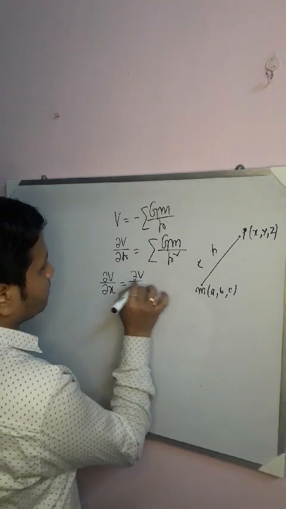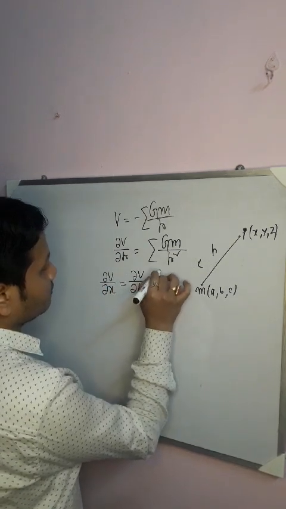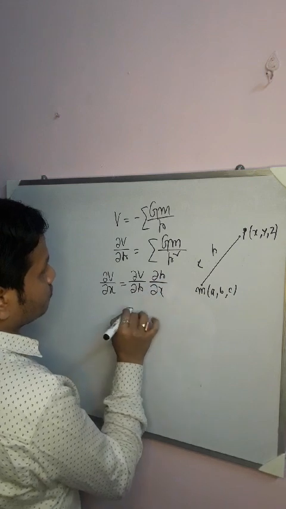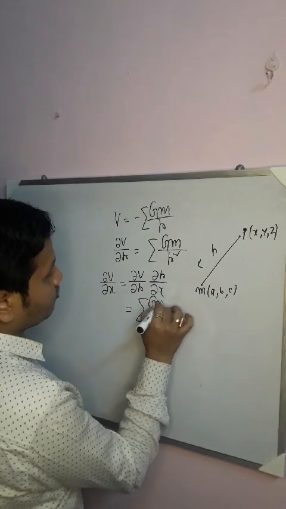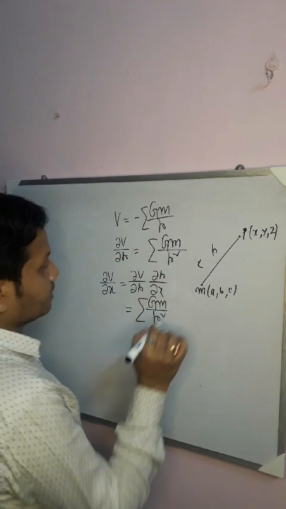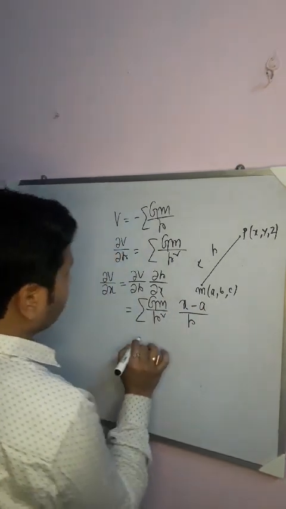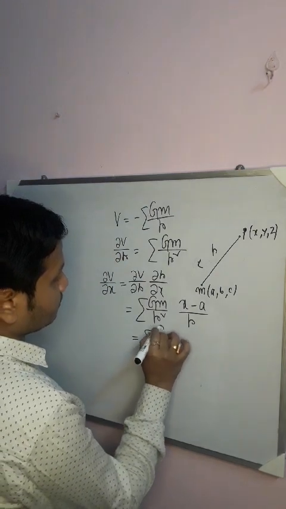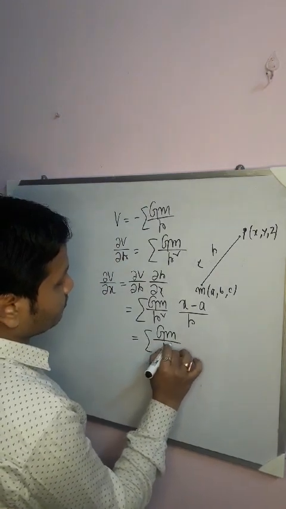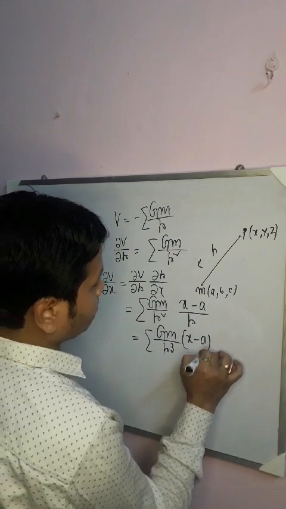This can be written as ∂V/∂r times ∂r/∂x. So ∂V/∂r is this sum of GM by r square, and ∂r/∂x is what? (x minus a) by r. Okay, so simply my summation of GM by r cube into (x minus a).